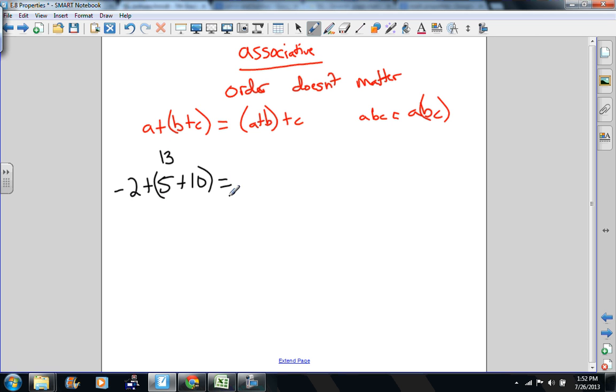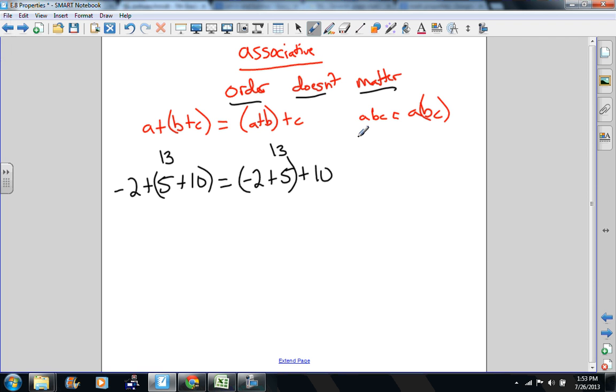Now, if I write the same problem but move the parentheses, negative 2 plus 5 is 3. 3 plus 10 is 13. Order doesn't matter on addition and multiplication. That's the associative property.